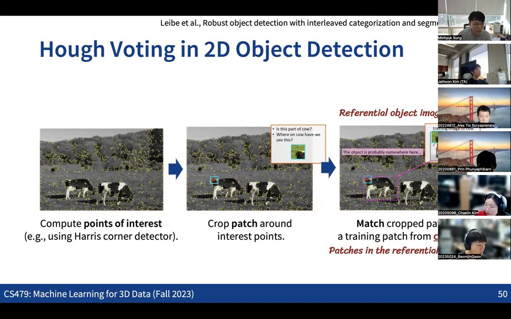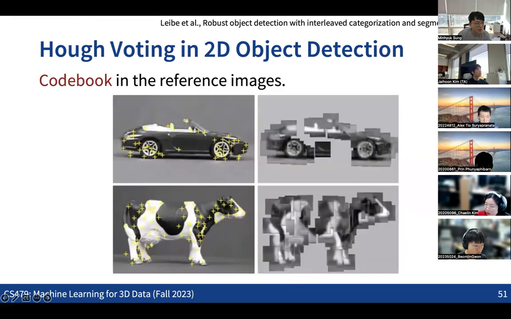For that, we have a codebook of local patches. Let's say we want to detect the cow in this image. Then we also assume that we have lots of reference images of cows, right? We do the same thing, extracting key points and then making the local patches.